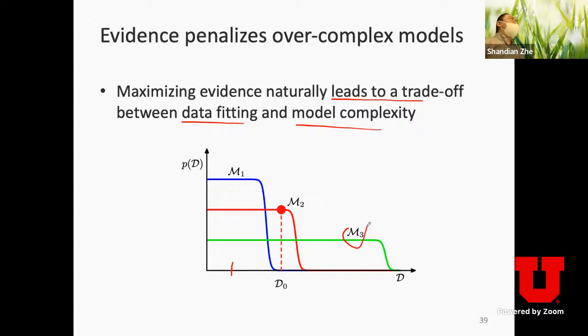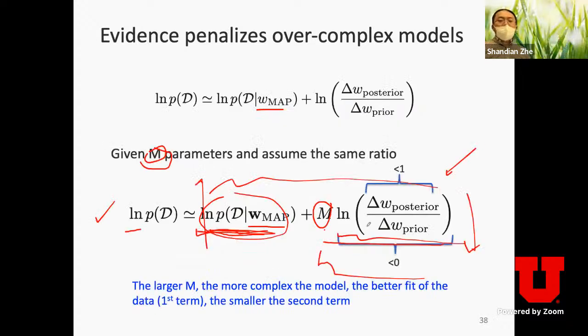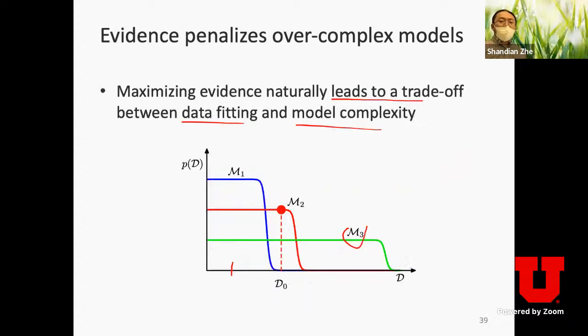Although it might contain 1 million, 2 million parameters, it doesn't matter because your likelihood scale is very large. It contains a lot of data, right? Even though the penalty term tends to decrease a lot as well, the first term still dominates. And in any other data set, you might just maximize the evidence, which gives you the best trade-off.